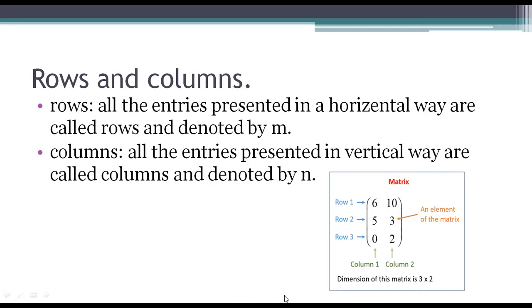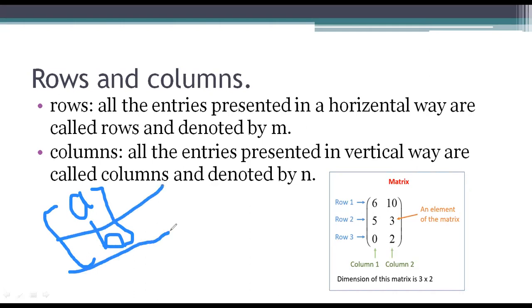Now I write one example, and you tell me what is the row and column. For example, we have a and b. A matrix can include alphabets, not necessarily numbers, in a bracket, with small letters. So how many rows or how many columns does this matrix have? Here horizontally arranged, this is horizontally arranged, and we horizontally arrange two entries.